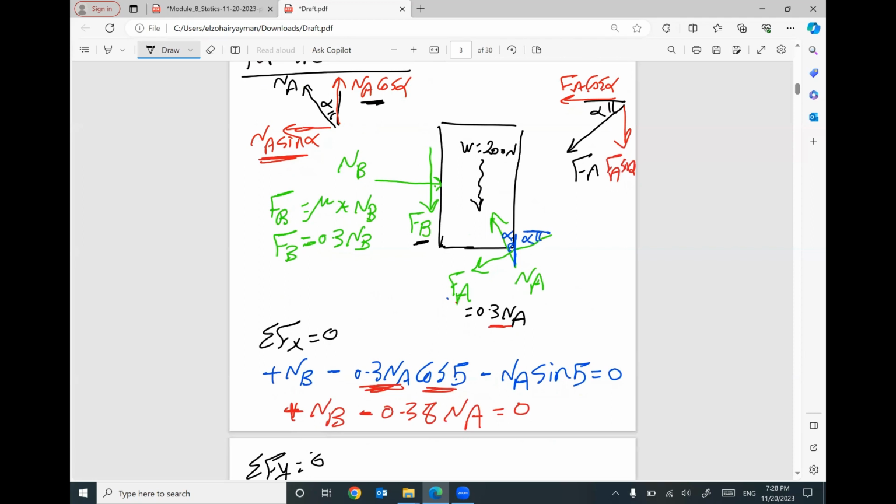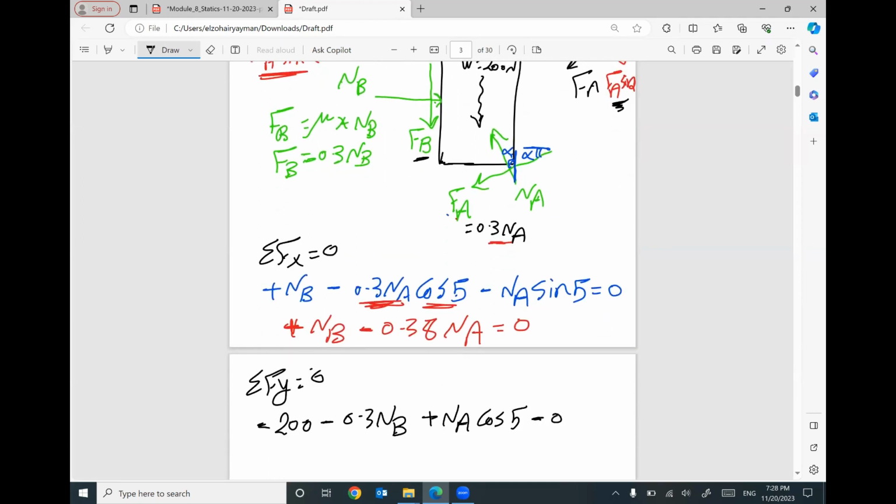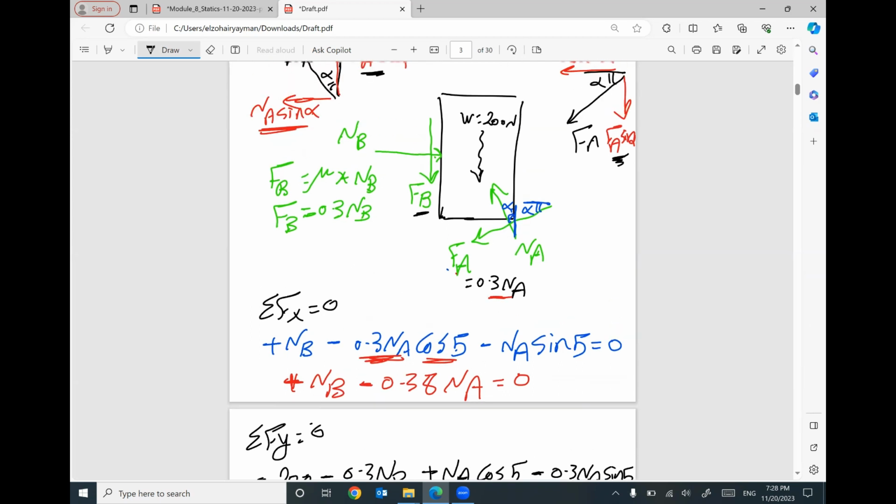We have the y component for FA, which is negative FA, which is 0.3 NA sine 5, equals 0.